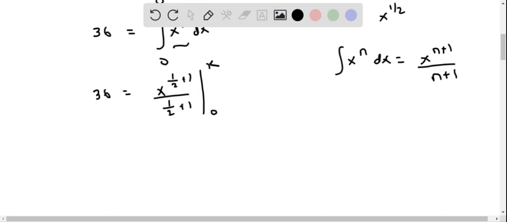Let me rearrange: x to the power 3 by 2, divided by 3 by 2, evaluated from 0 to k, and this equals 36. I just rearranged the above equation.